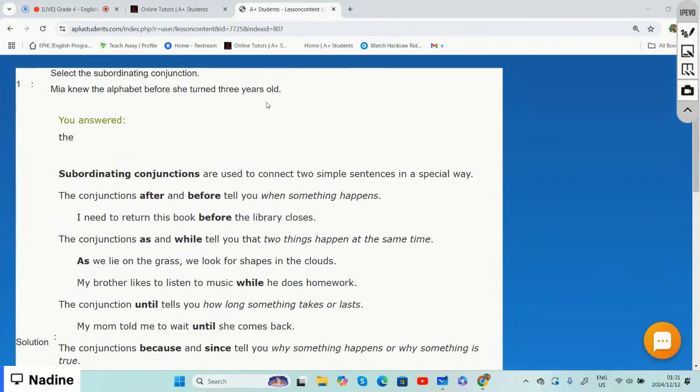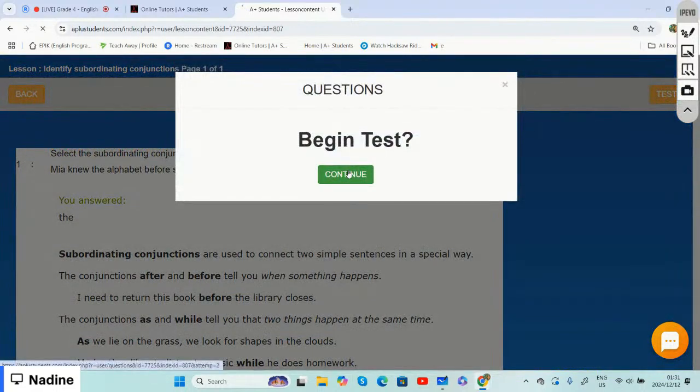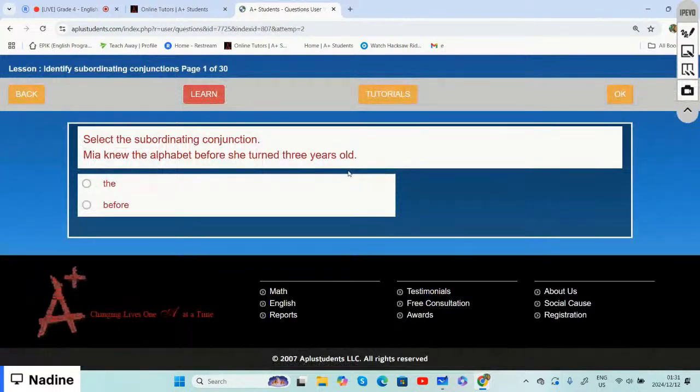So now we're going to our test. And we're going to identify subordinating conjunctions.